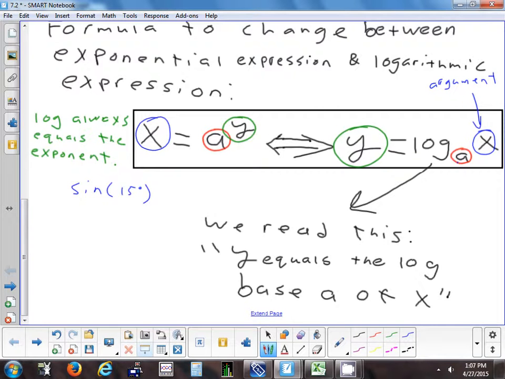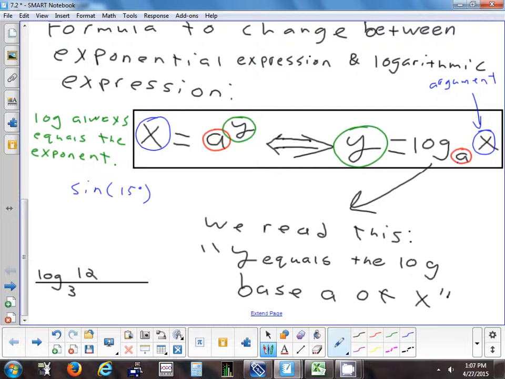And if you were writing it on line paper, you've got log. Let's just make one up. Base 3 of 12. That's how it would look on line paper.